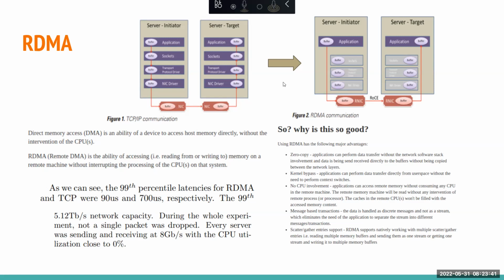But for RDMA, the application can send the buffer to the NIC directly through the RDMA interface, and then the RDMA-ready NIC will send it to the remote RDMA NIC, and then directly to the remote application's user space buffer.